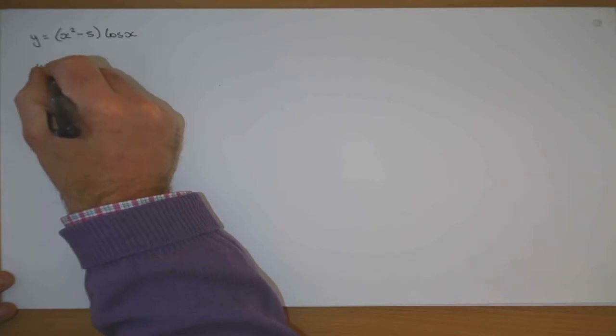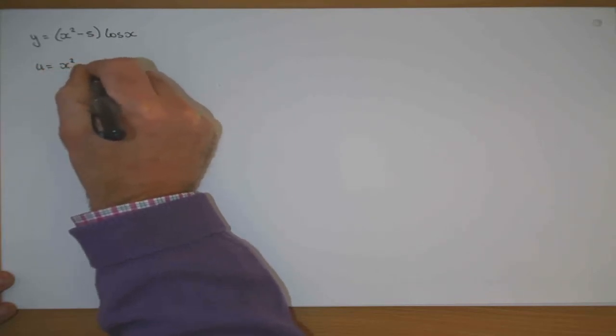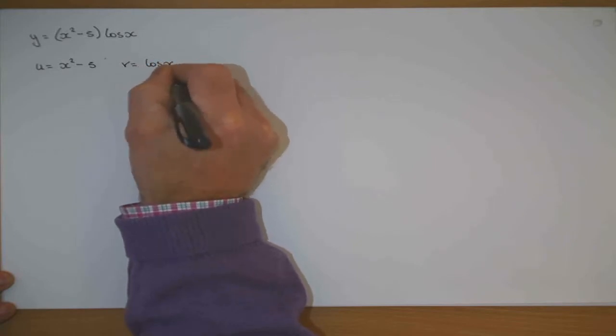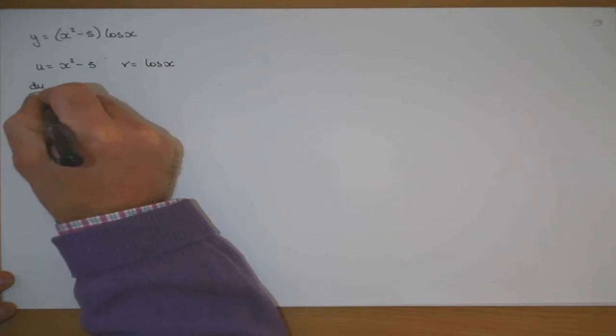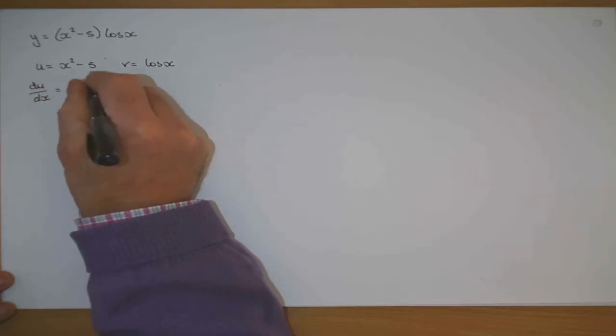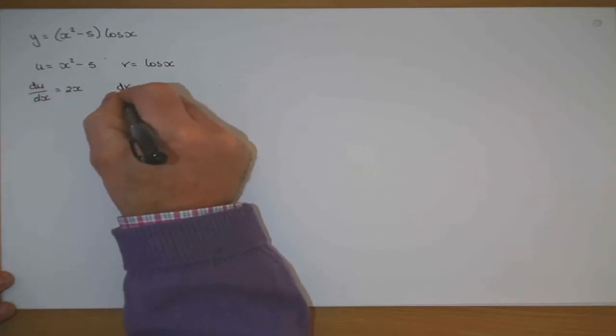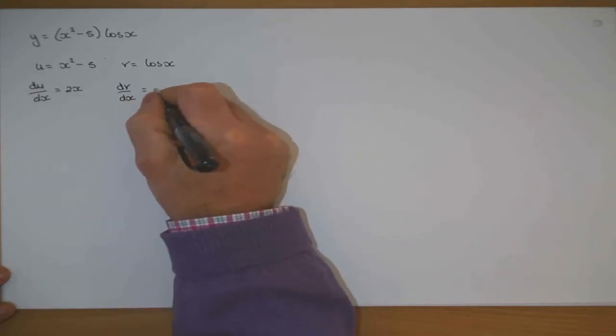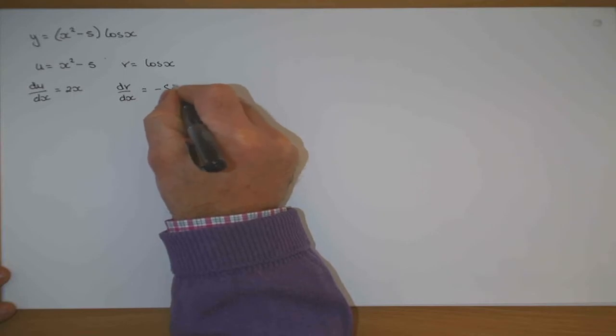So u would be equal to x squared minus 5. And v will be equal to the cosine of x. du/dx will be equal to differentiate x squared, 2x and the 5, 0. And dv/dx will be equal to differentiate cos x, minus sine x.